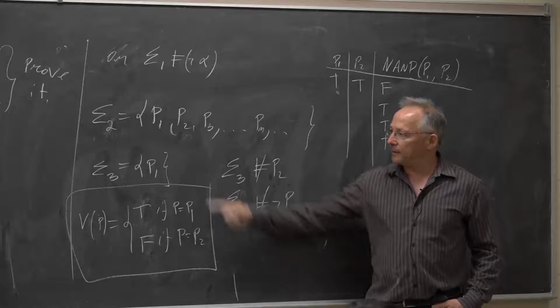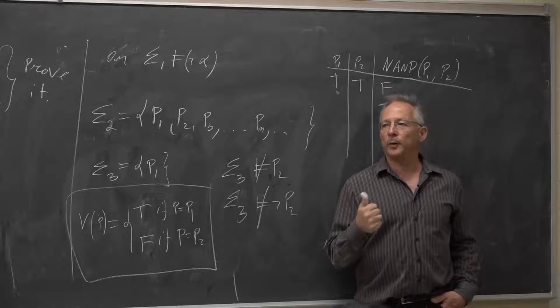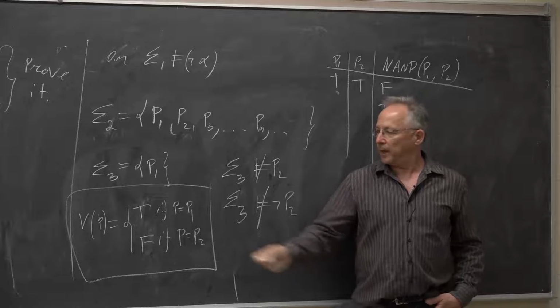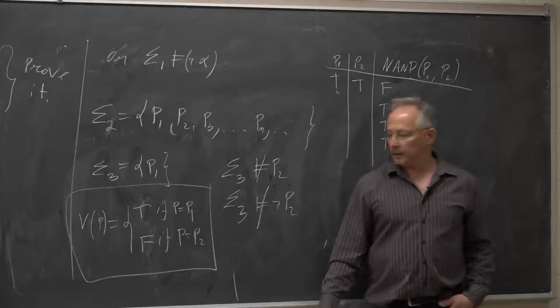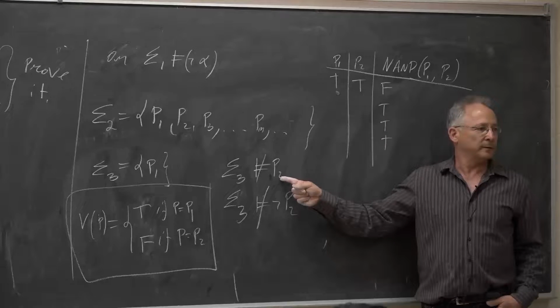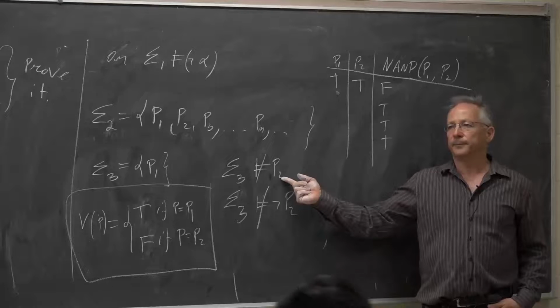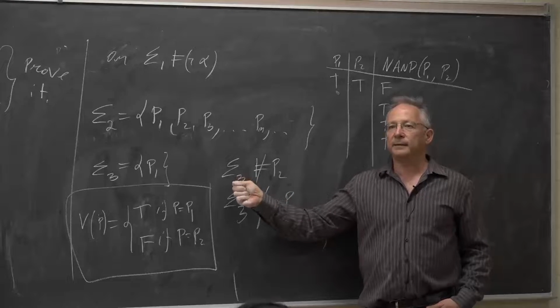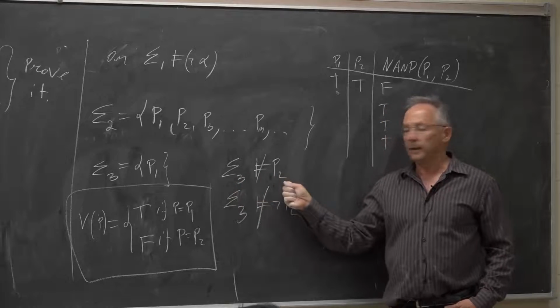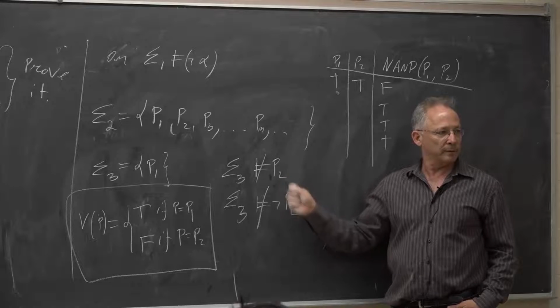So this assignment satisfies every formula in sigma 3. In sigma 3, there's only one formula. It's P1. This V will satisfy it. But it does not satisfy P2, because for P2 it will give me F. So I showed that there exists an assignment that satisfies sigma 3 and doesn't satisfy P2.